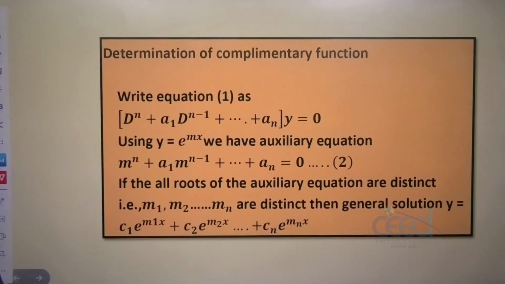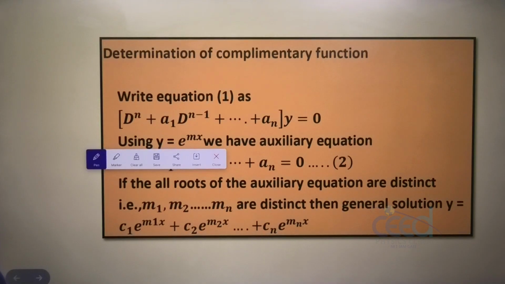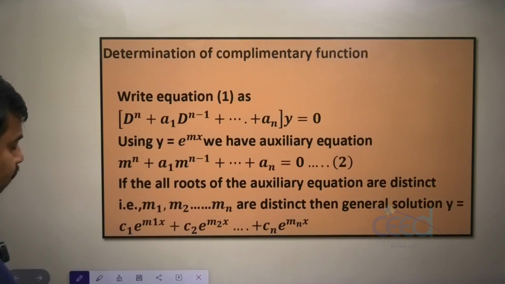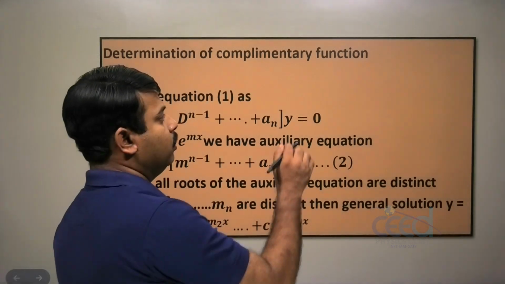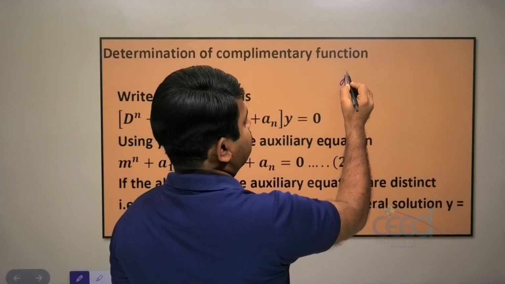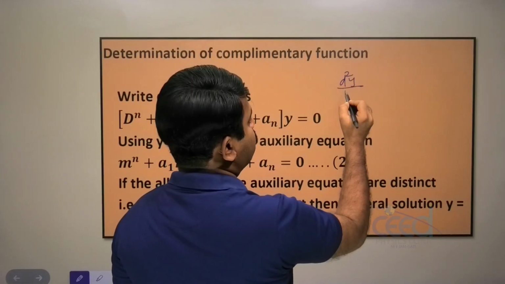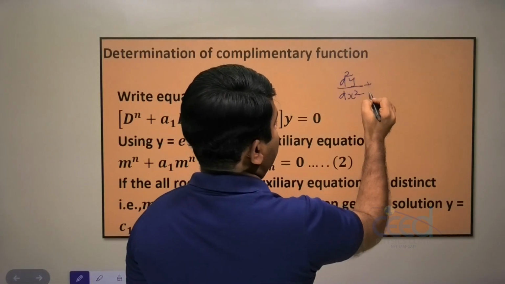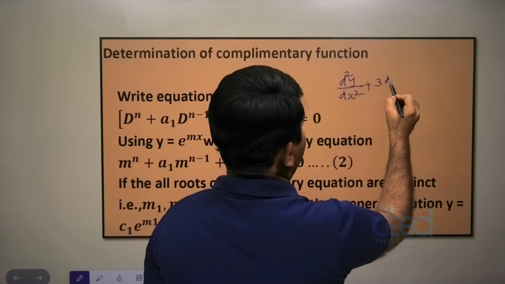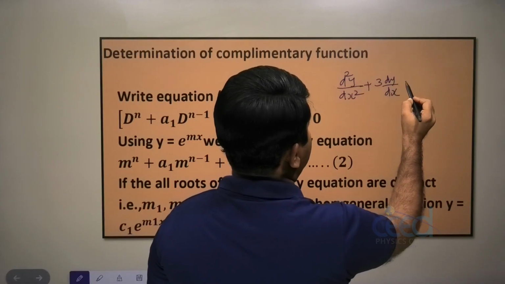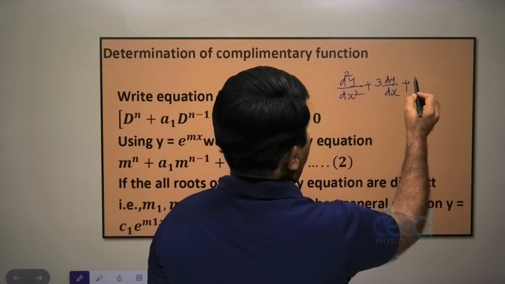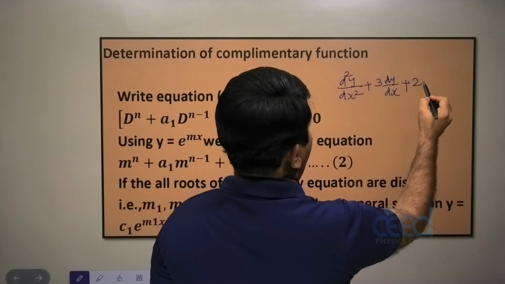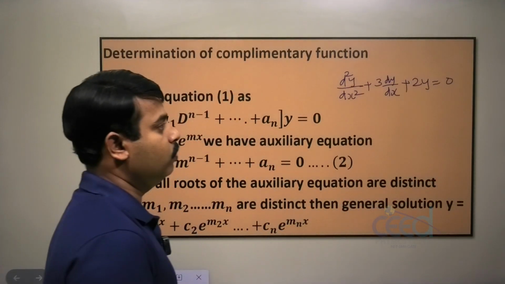First method: suppose a second order differential equation, d^2y/dx^2 plus 3 dy/dx plus 2y equal to 0.